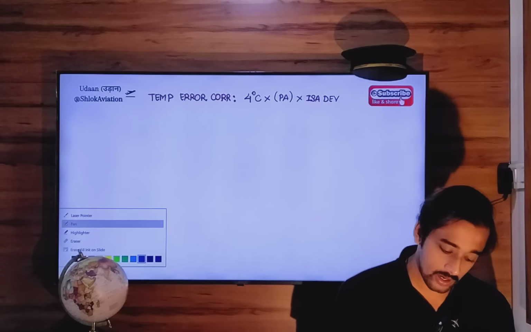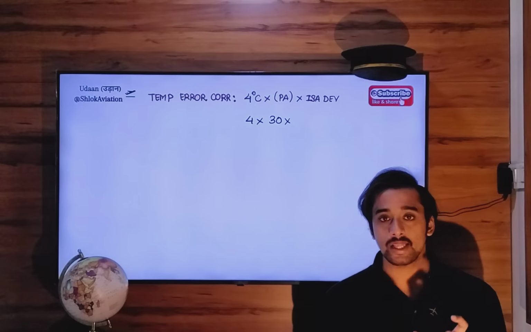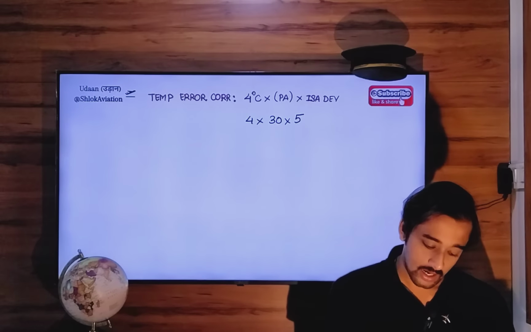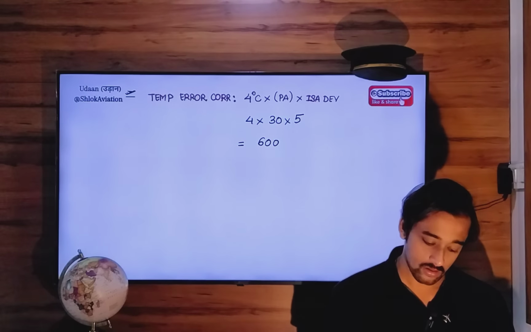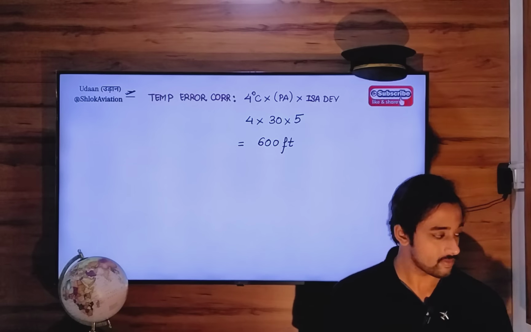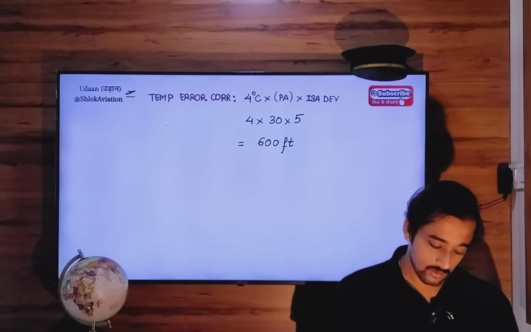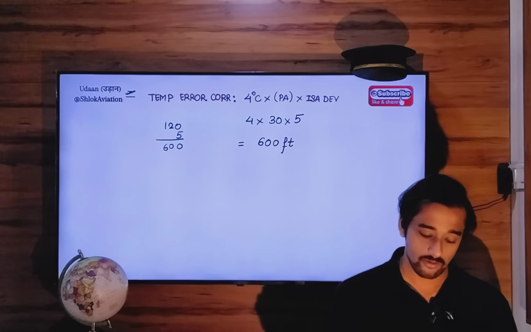Substitute the values. 4 into 30. Pressure altitude is 5000 feet, so just write 5. That is equal to 600 feet. Right, 4 into 30 is 120, and 120 into 5 is 600 feet.